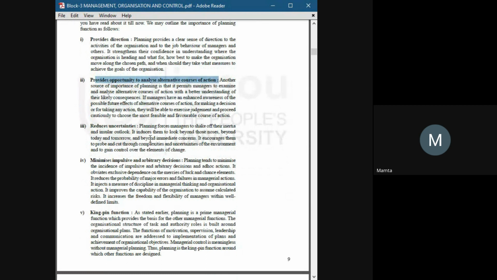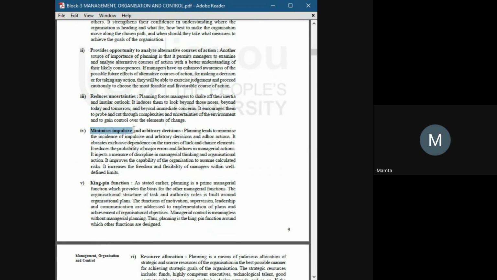It reduces uncertainties because while preparing our plan, we do think about uncertainties, some worst situations, and we plan according to those worst situations. So it helps in reducing uncertainties.